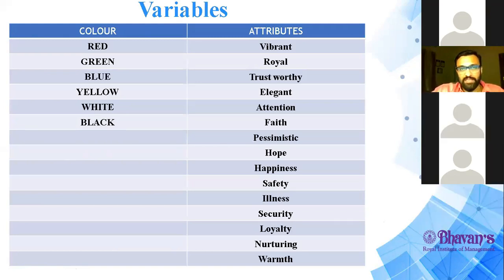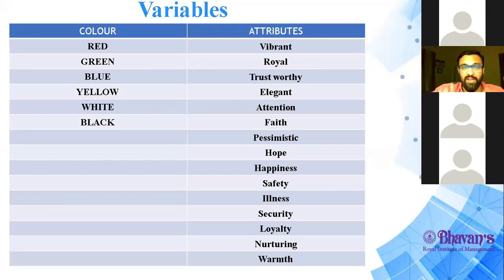So the colors I took for this particular exercise were red, green, blue, yellow, white, and black. And there are around 15 attributes I have taken. These attributes were not decided by me. I have taken them from a study where these are the product attributes which people generally try to associate with colors. There may be n number of other attributes also.